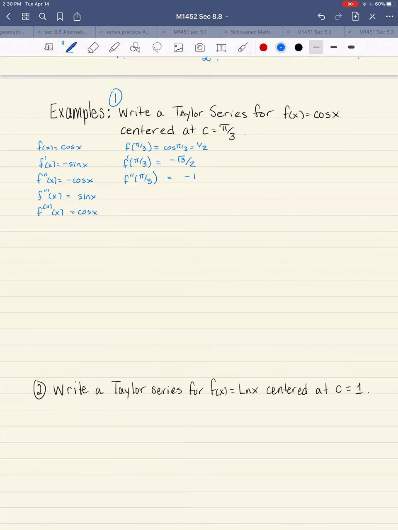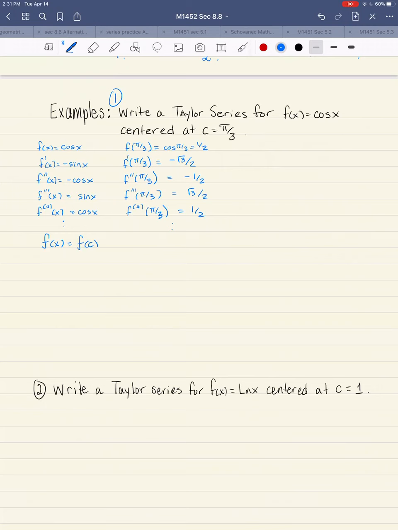Negative cosine would give us minus 1/2. And then we've got the third derivative at pi thirds is the sine of pi thirds. That's the square root of 3 over 2. And now we're going to cycle through these values again. We're back at a half. So it follows that pattern.